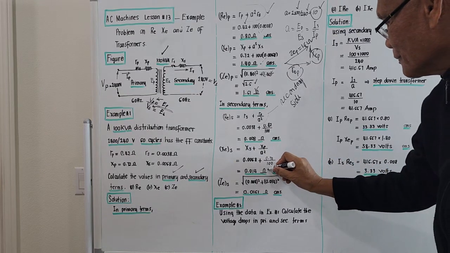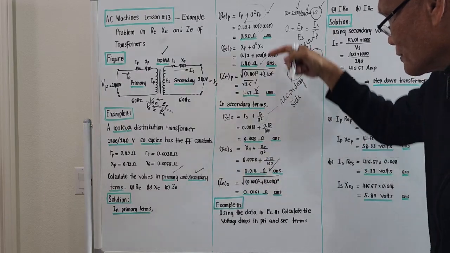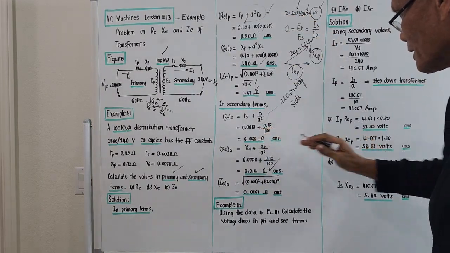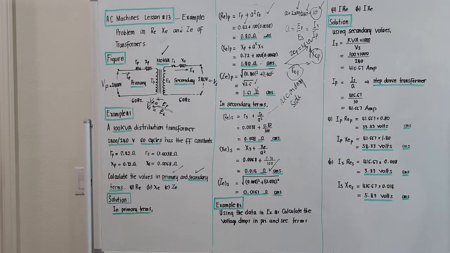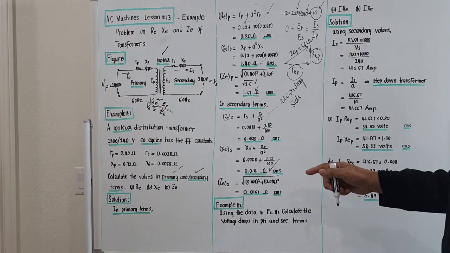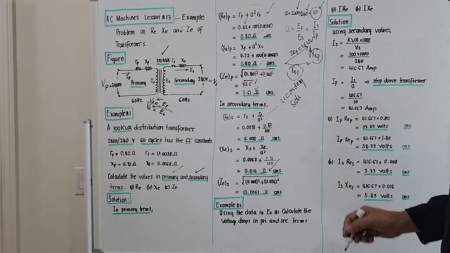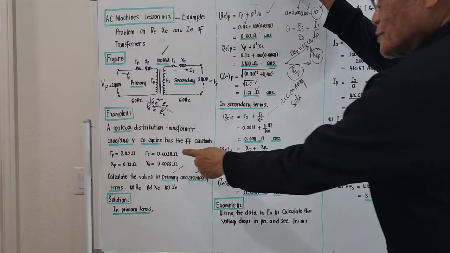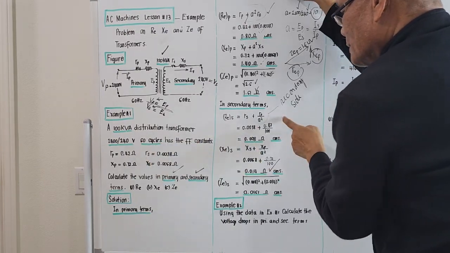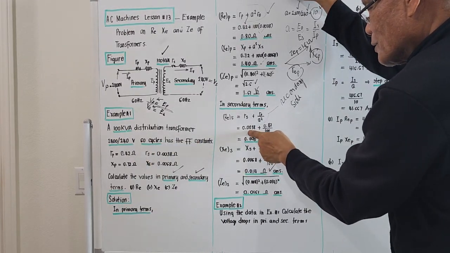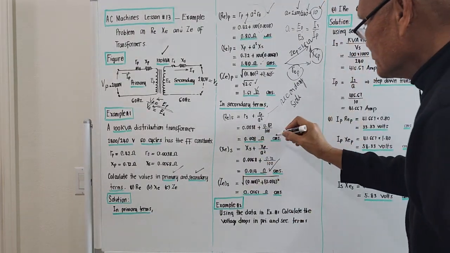Okay? The values are lesser compared to the primary because we are on the secondary side, because the transformer is a step down. Okay? For the resistance, R sub S is 0.0038, R sub P is 0.42 divided by 100, so 0.0038 plus 0.0042 will be 0.008 ohms.